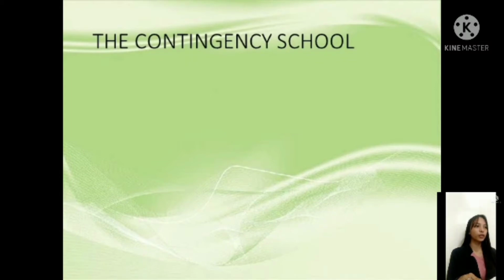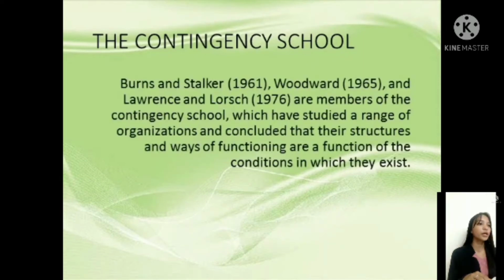The contingency school. Burns and Stalker in 1961, Woodward in 1965, and Lawrence and Lorsch in 1976 are members of the contingency school, who studied a range of organizations and concluded that their structures and ways of functioning are a function of the conditions in which they exist.